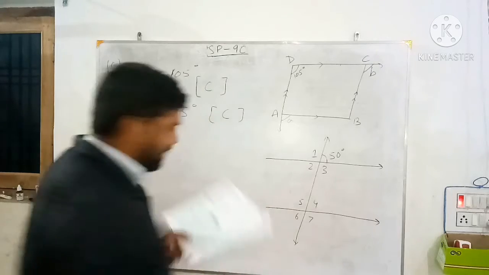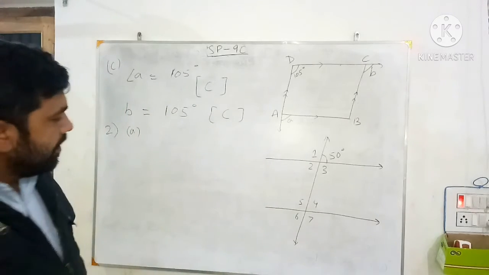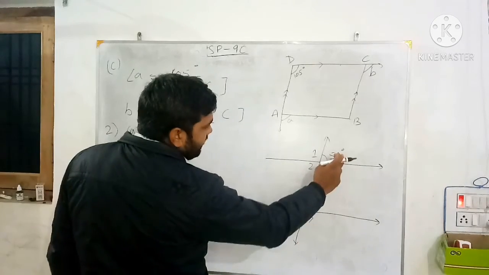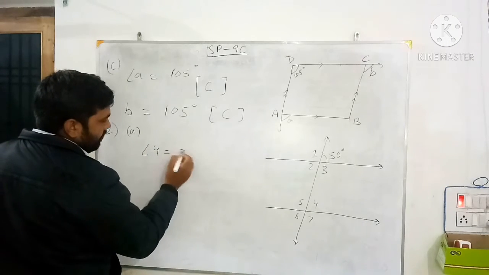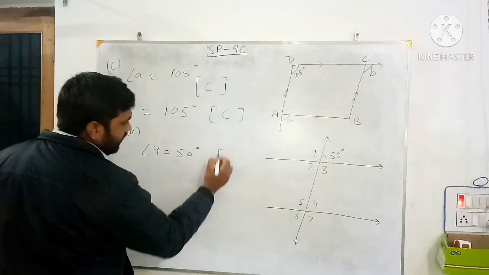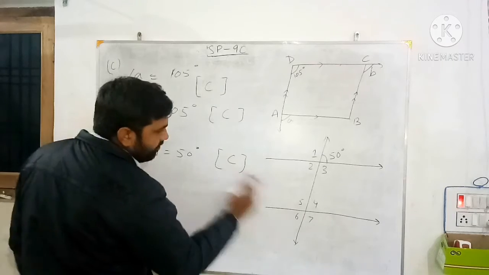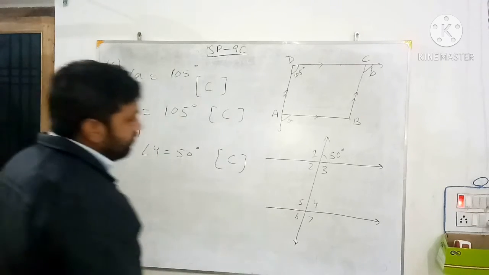So we have to find all these angles. Now see, the angle corresponding to 50 degrees is 4. So angle 4 equals 50 degrees. Reason, corresponding angle. C for corresponding.